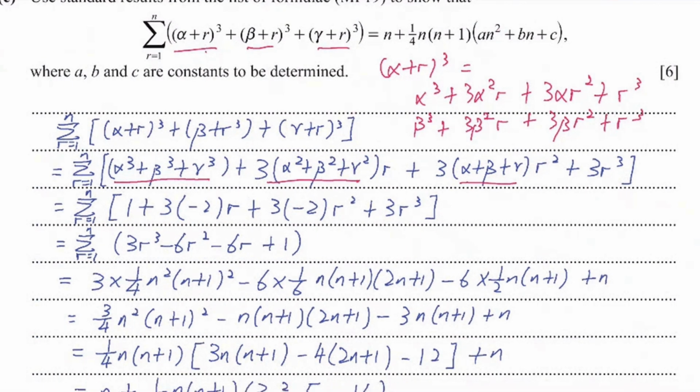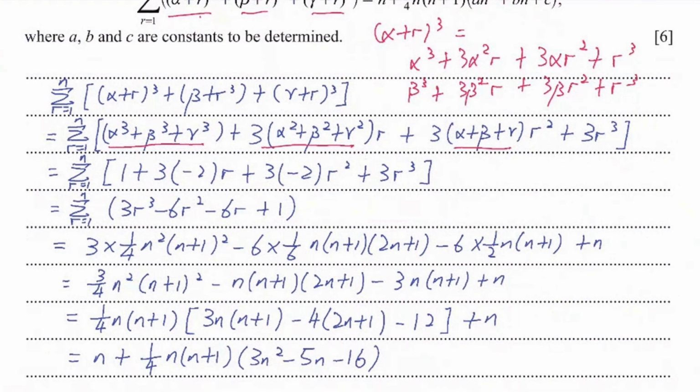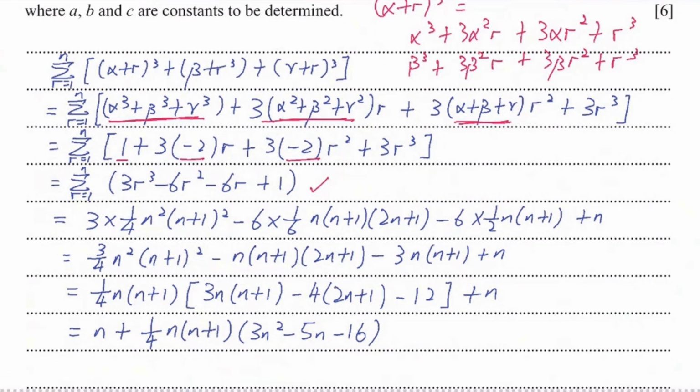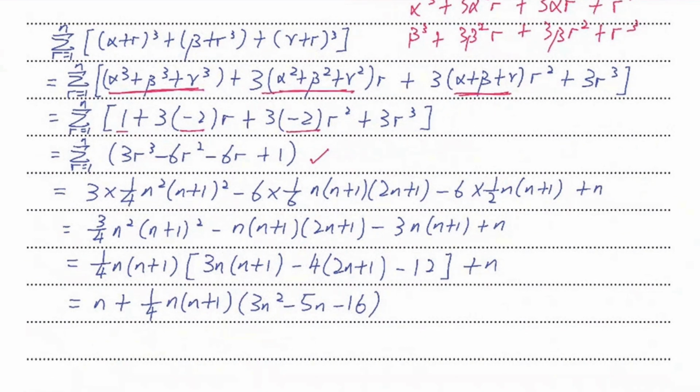Why do they combine it into this? We are using the previous values to help us find this one. Sum of cubes, sum of squares, sum of alpha, beta, gamma, everything is subbed in here. Only then do we reach the step where we evaluate this expression in terms of n. So we sub in the values of the formula accordingly.